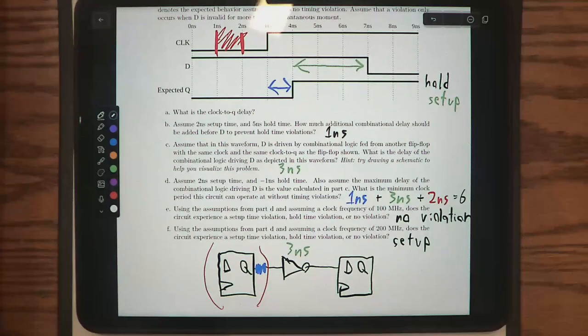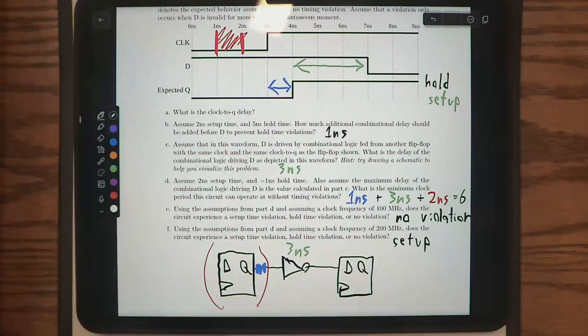The reason why setup time violation happens is because it's affecting the next cycle setup? Exactly. The clock frequency is too fast, so the flip-flop is sampling, but there isn't enough time in between the samples for the previous cycle's combinational delay to propagate through all of the circuit and then arrive at the flip-flop early enough to satisfy setup time.